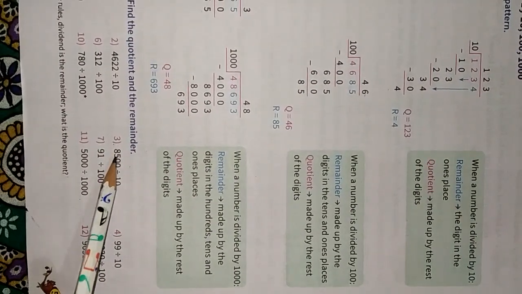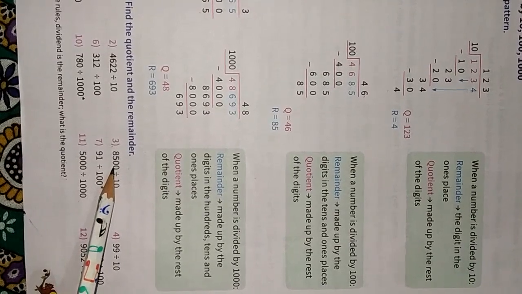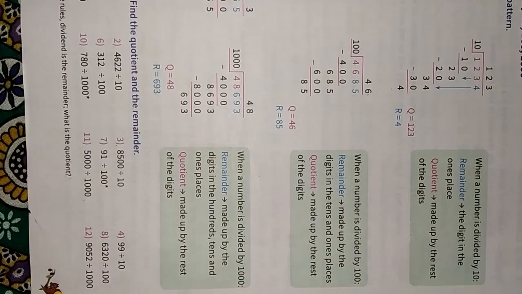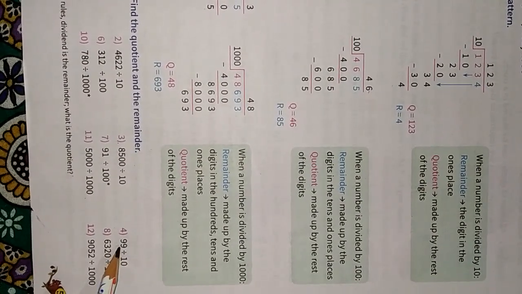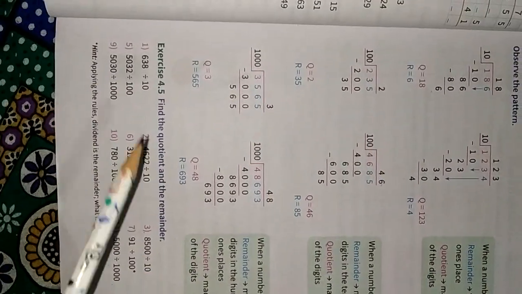Third, 8500 divided by 10. So the remainder will be 0 because the last digit is 0, and the quotient is 850. Here the remainder will be 9 and the quotient will also be 9.